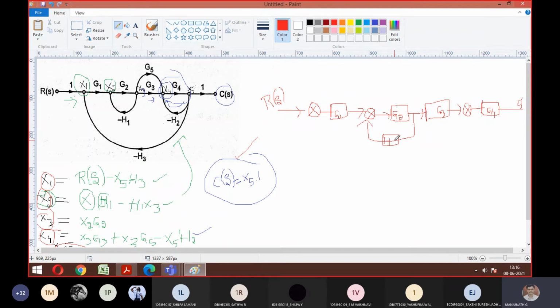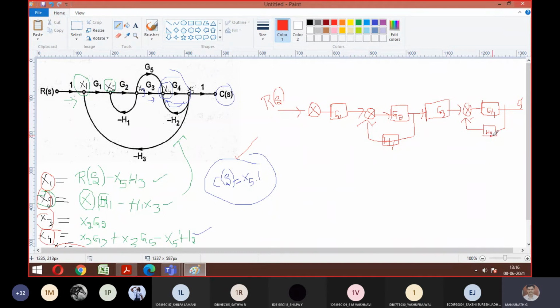Since it has a minus, I can write minus here. Is it okay till here? Shall I proceed? Yes, sir. So where is H2, guys? H2 is for this summing point, correct? So you can connect H2 back to the output. This is your H2 with a minus symbol. See, if you understand the logic, how simple it is.